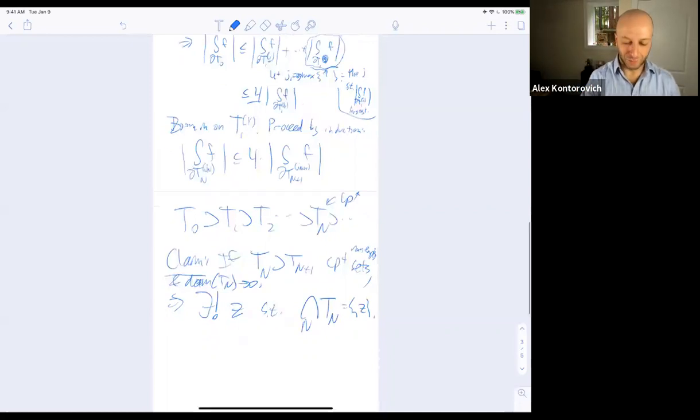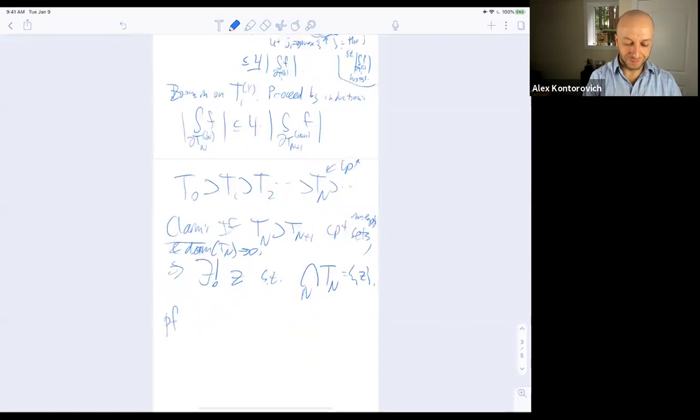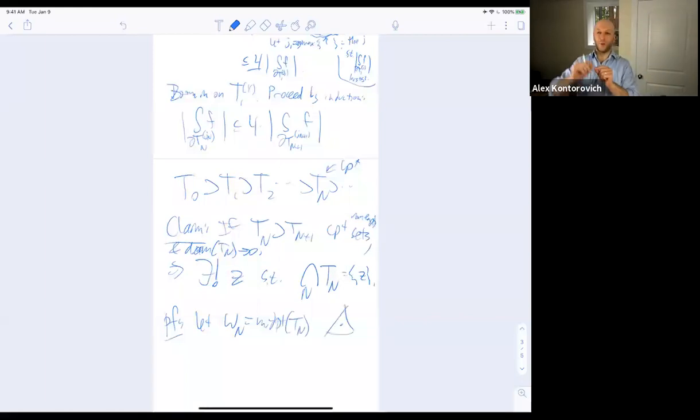Proof? Well, let Wn be the midpoint of Tn. Every triangle has a midpoint, half the distance in each direction.